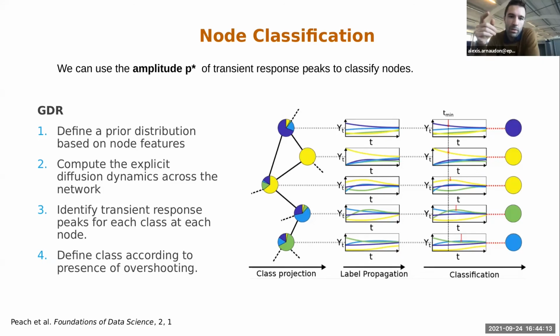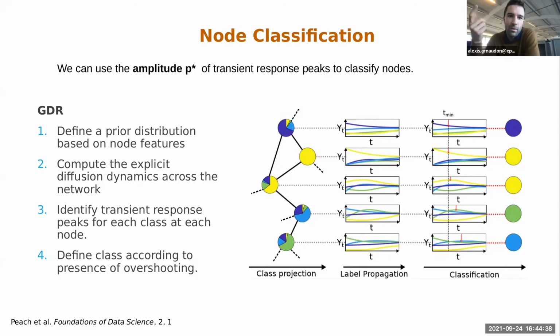There are data sets where each node has a class, and you want to predict the class of other nodes which you don't know, but you can use the graph data to infer which ones are close to the known class. And so if you use different initial conditions for each different class, you can use the peak amplitude and see if there is a peak on my node that is larger than the actual class I'm classified into.